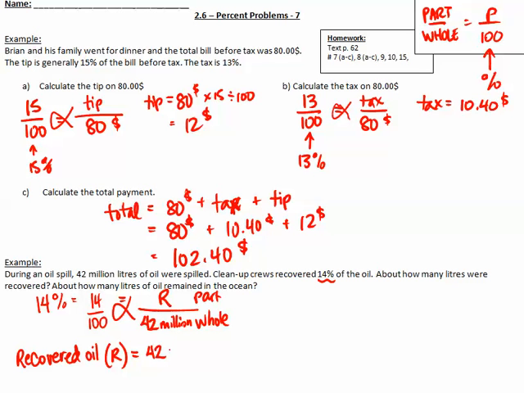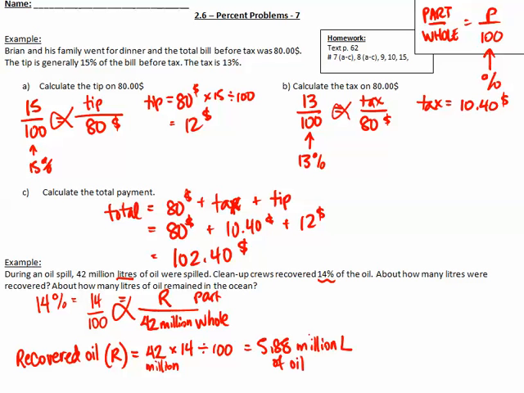I'll just take out the million for now, and I'll put the word million in afterwards. So 42 times 14 divided by 100 is 5.88. Because I took out the word million, I'll have to put that back in. So now my answer is in million liters of oil. So this is 5.88 million liters of oil.